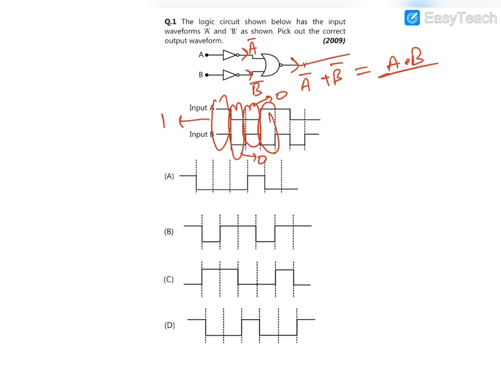And when both of them are 1, then it would be 1. So this is 1, 0, 0, 0, 1, 0. Okay, so I think the correct answer will be 1, 0, 0, 0, 1, then 0, 0. So it would be A. Thank you.